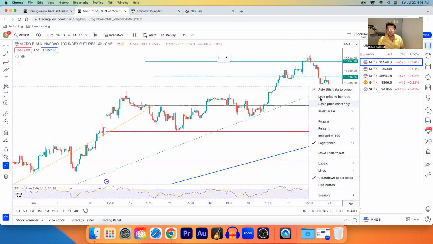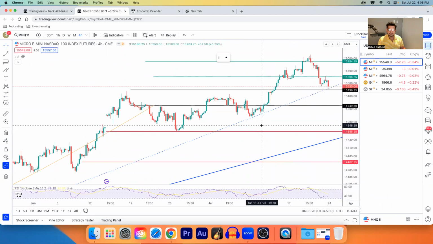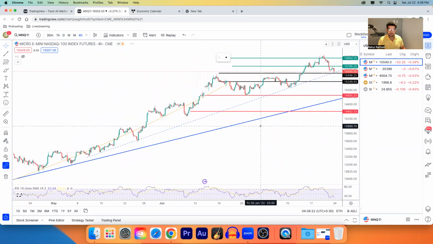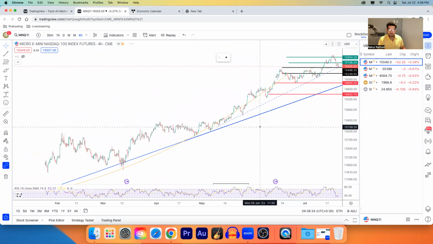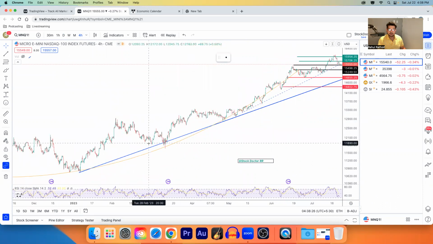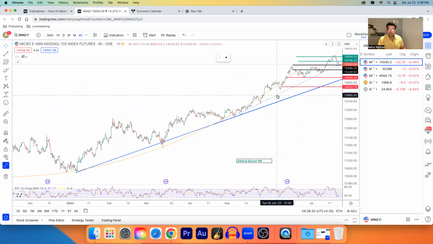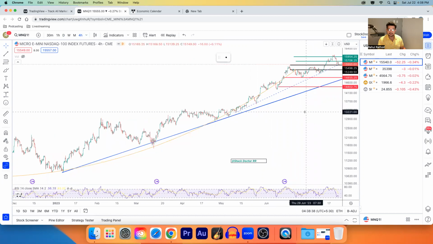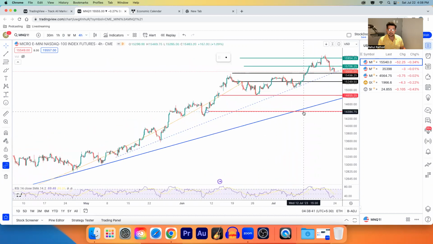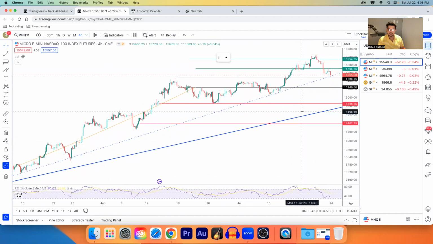We have drawn support resistance levels there. You all know this is a long term trend line, the dark blue one. Then in the short term, you can see this trend line, the dotted blue line, right? Now Nasdaq 100 is trading exactly taking support at the dotted blue line.